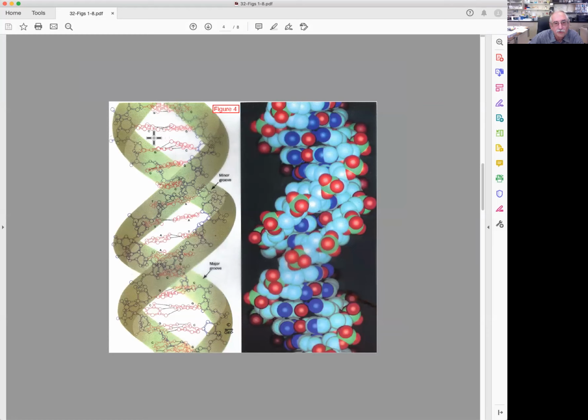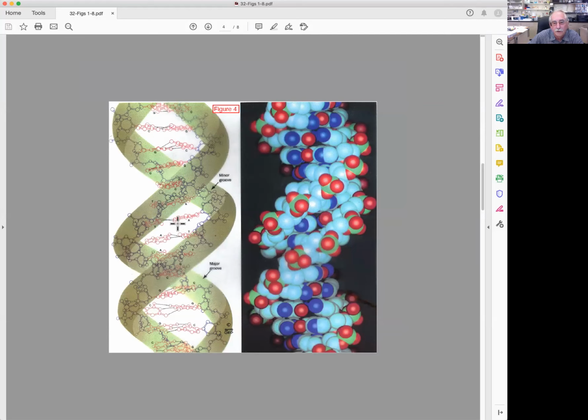And here's another picture of it. So this is showing you between a G and a C, and those little lines right there, those black lines, are hydrogen bonds. So you have 3 hydrogen bonds possible between a G and a C, and you have 2 hydrogen bonds possible between a T and an A. Okay.